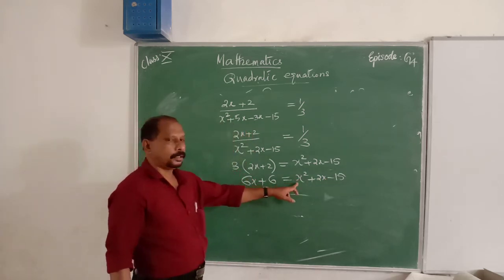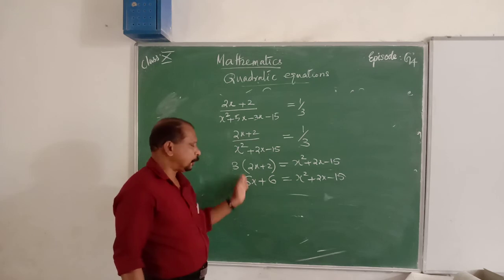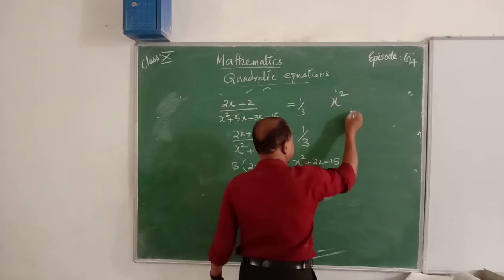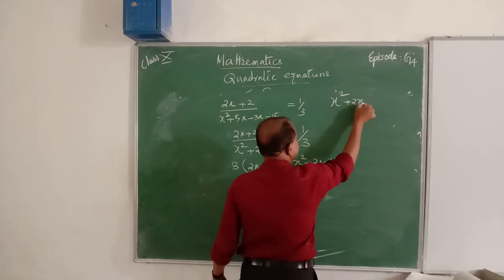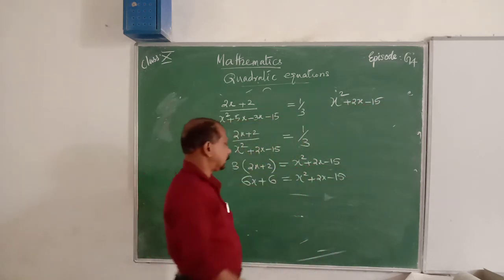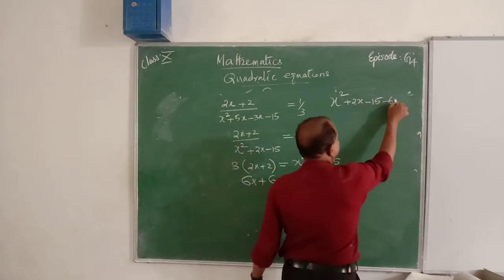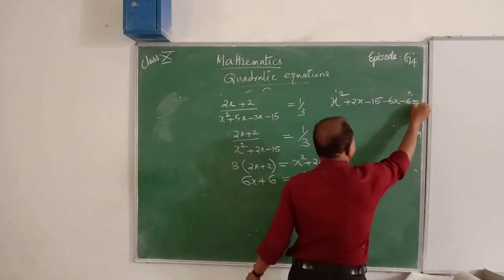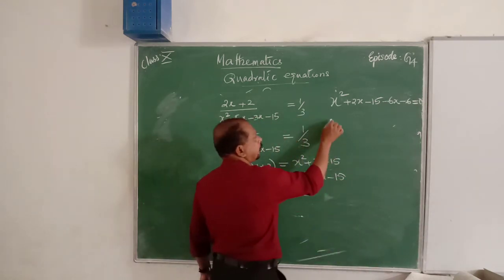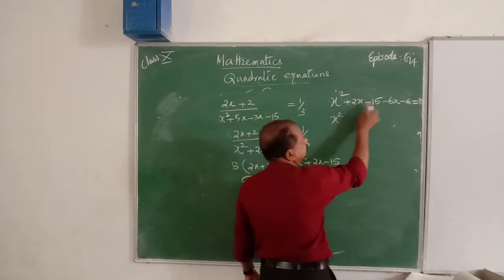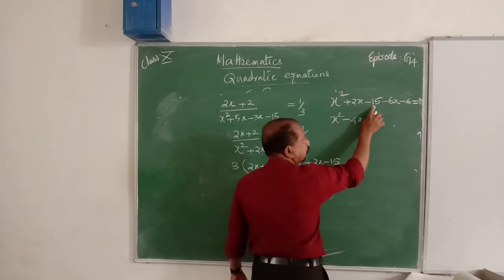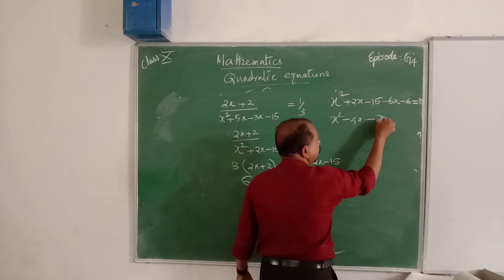Then this is the x square term, therefore shifting these two to the right: x square plus 2x minus 15 minus 6x minus 6 is equal to 0. That is x square, 2x minus 6x is minus 4x, minus 15 minus 6 is minus 21.